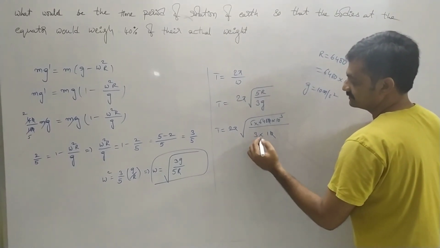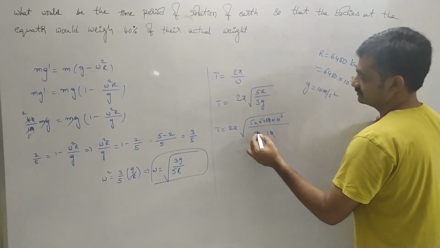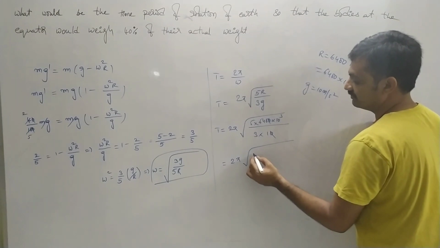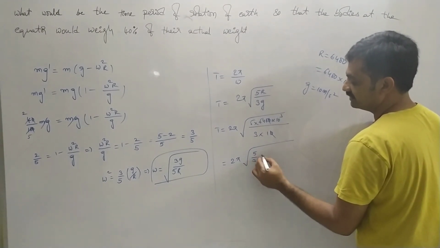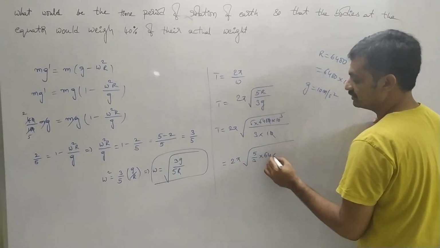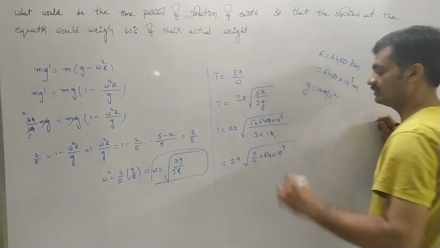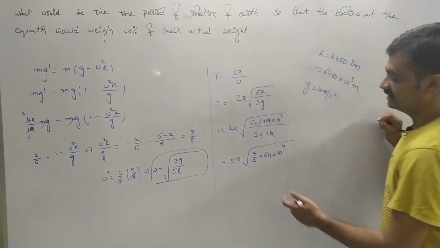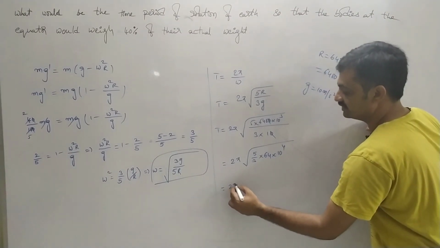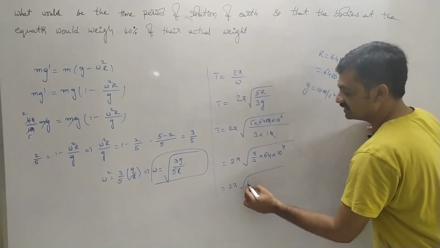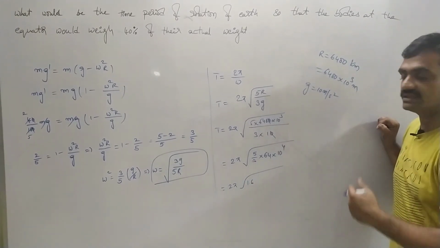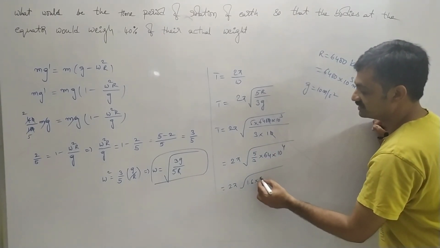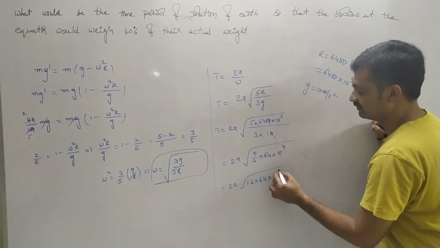Next, 2 pi into under root of 5 by 3 into 64 into 10 to the power of 4. 5 by 3 is nothing but 1.66, and it continues, because 6 3s are 18, into 64 into 10 to the power of 4.